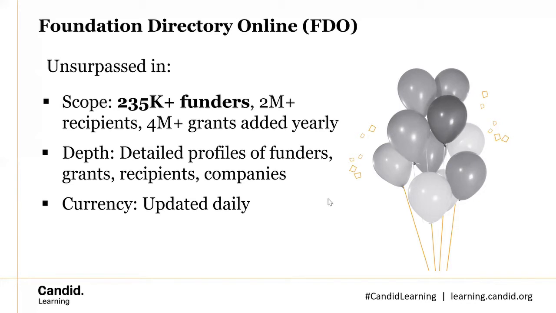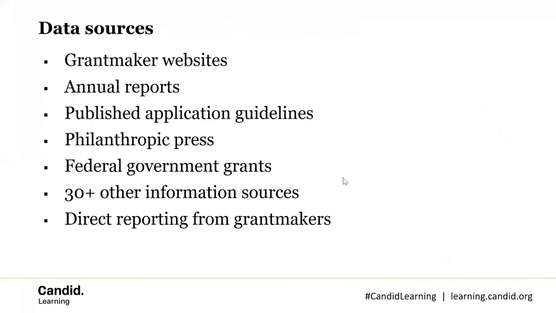We update it daily, 7 days a week. There are over 30 different information sources that we use to create these grantmaker profiles and to fill in the gap between when we get a tax return from the IRS. We do have a growing number of grantmakers who will report their grants to us directly. So that does help to allow us to have more 2020 and 2021 grants in these systems.